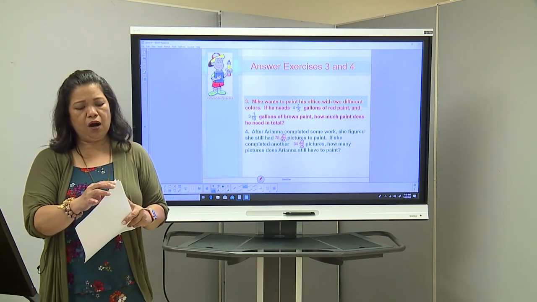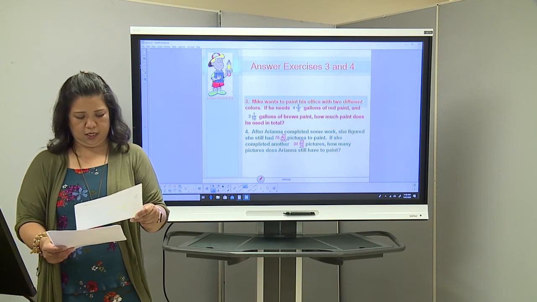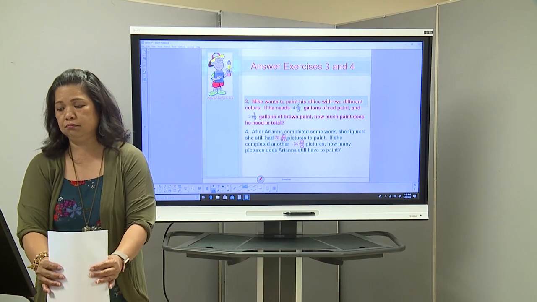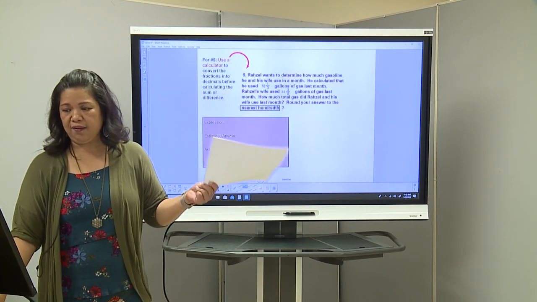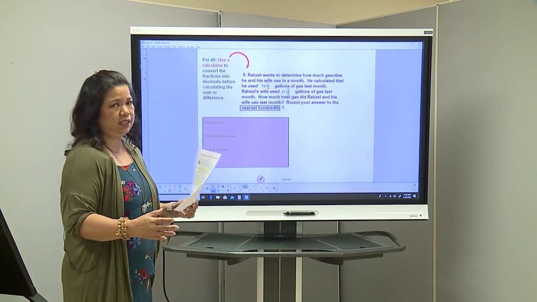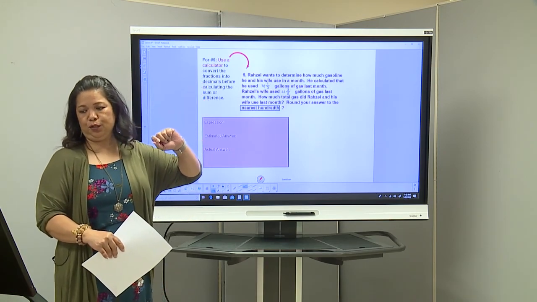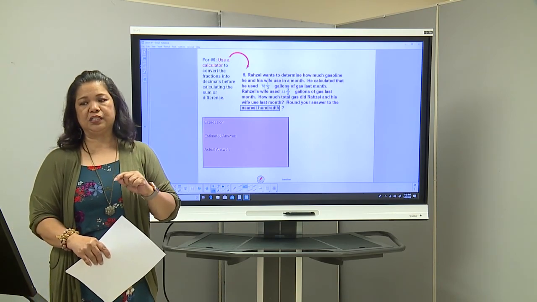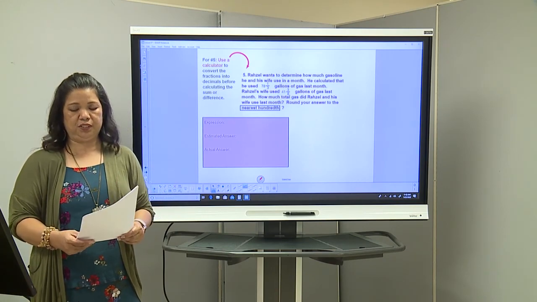Okay. Now there are 5 exercises here in this lesson 9. I ask you to work on problems 3 and 4 because the last one, number 5, I want us to work on together because this is a little different. Okay, it says here, use a calculator to convert the fractions into decimals before calculating the sum or difference.